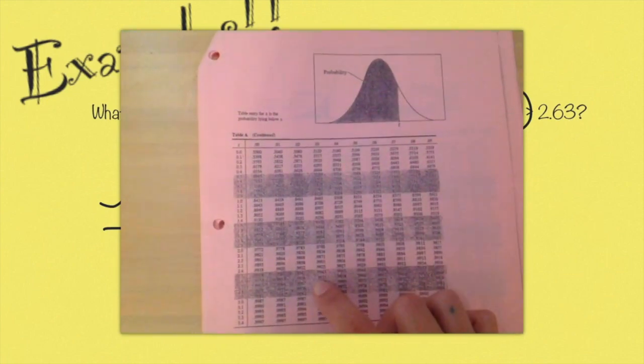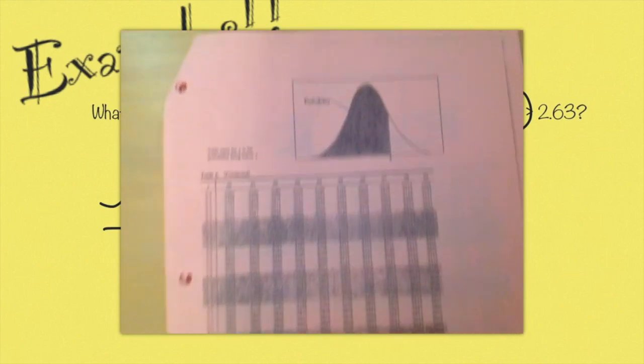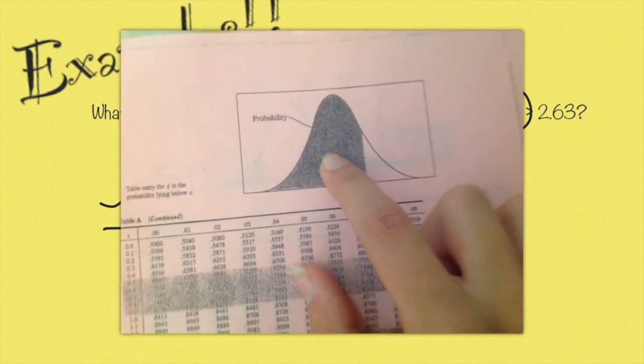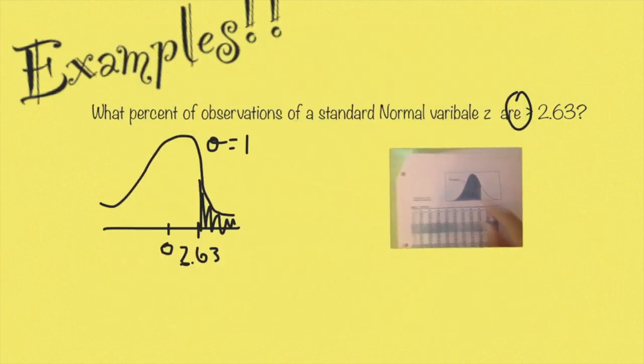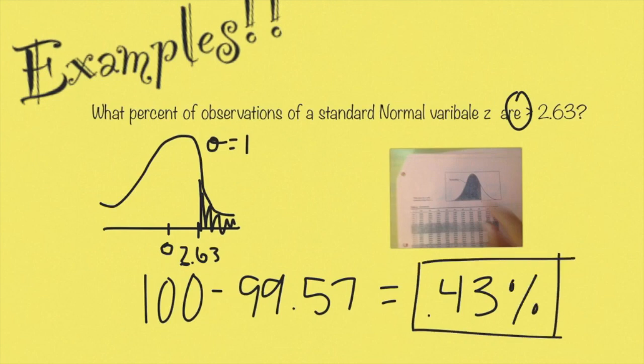And the value for that is 0.9957, but as we know, this value is for the probability of it being below 2.63, so you would do 100 minus 99.57, which equals 0.43. So 0.43% of the observations of a standard normal variable z are greater than 2.63.